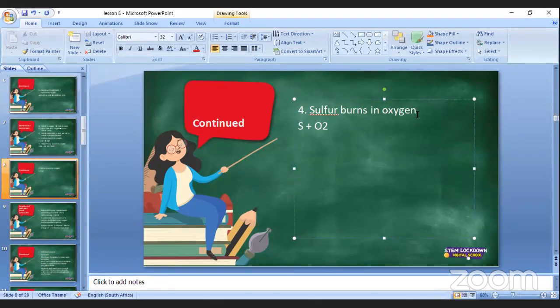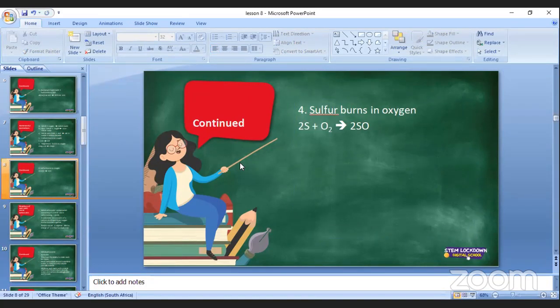Are we clear? Then how are we going to balance it? We're going to put a coefficient 2 here because of the oxygens already. There are 2 on the left and there must be 2 on the right, and then for our sulfur we need to put a coefficient 2 there, and then we have a balanced equation.